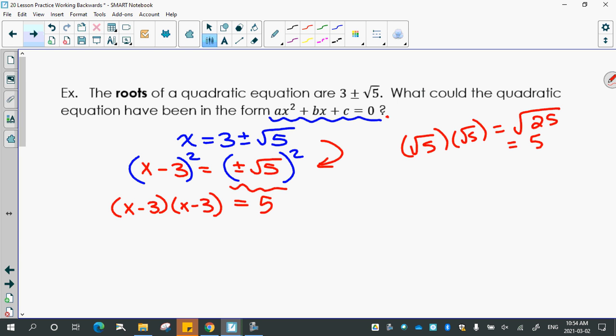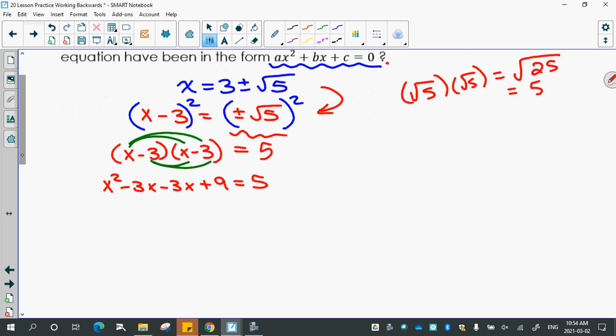Okay? We still want it to look like this, so now we're going to have to do our double distributive here. And then we want it equals 0, so subtract the 5 on both sides.